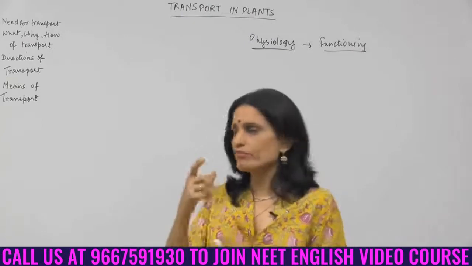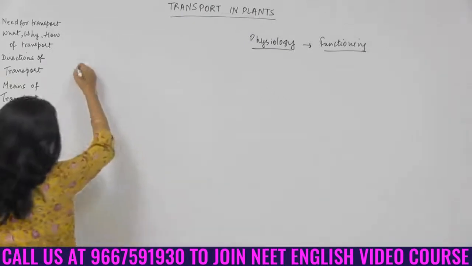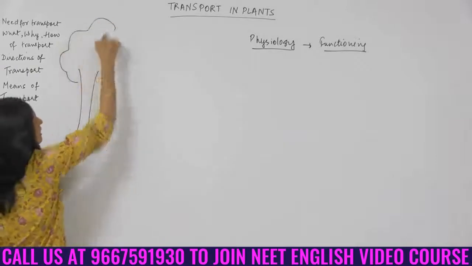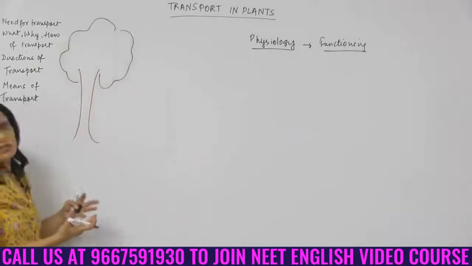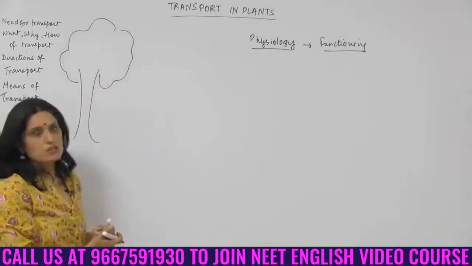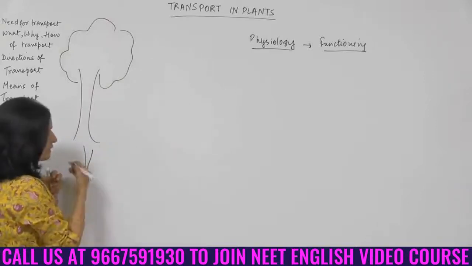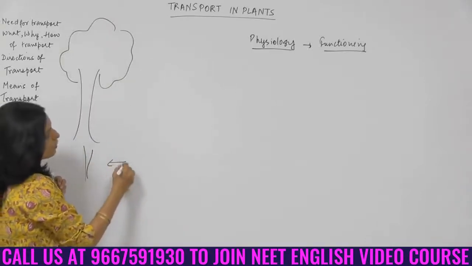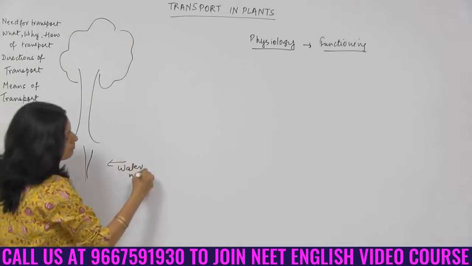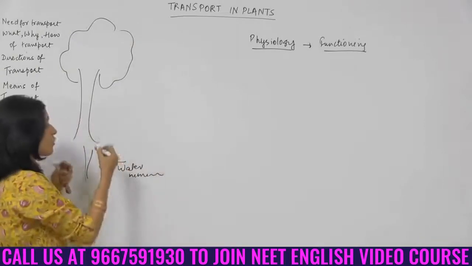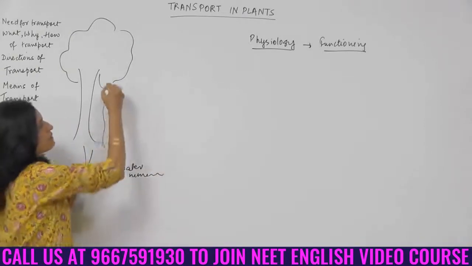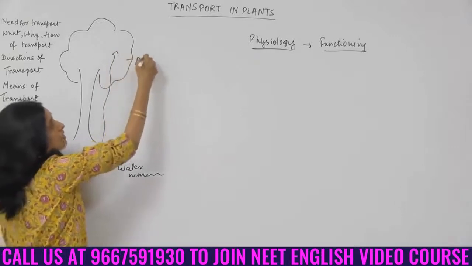Now, with the help of a diagram, let's first understand the need of the transport. Suppose we have a plant. Let's draw a generic structure of a plant. We know that the roots are absorbing water and minerals from the soil, right? And obviously the need for the water and minerals is in the aerial parts also.